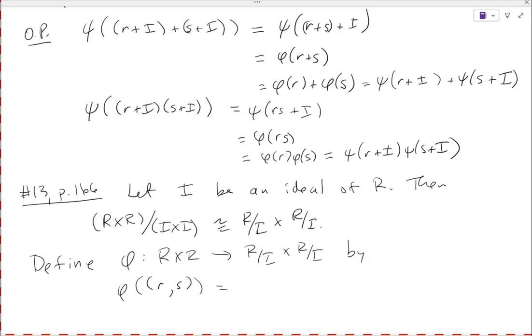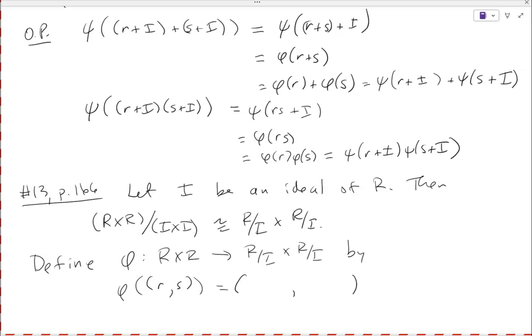Let's look at our output. Again, I've got a cross here, so that means I'm doing ordered pairs again, correct? What kind of rings are these? These are quotient rings, right?